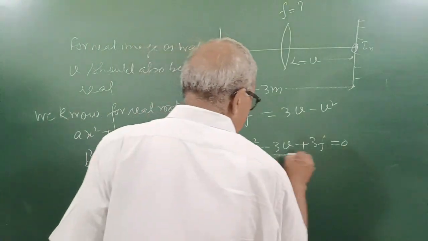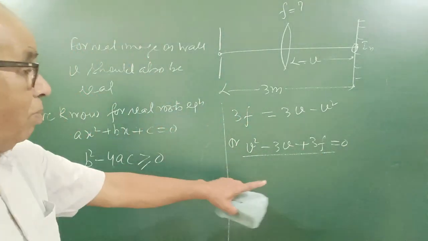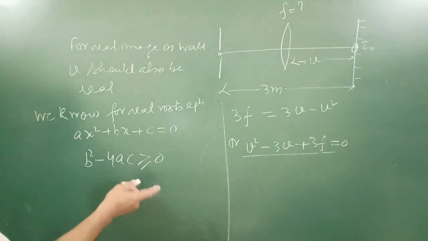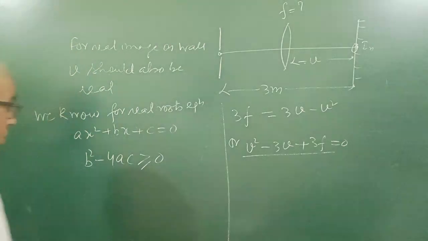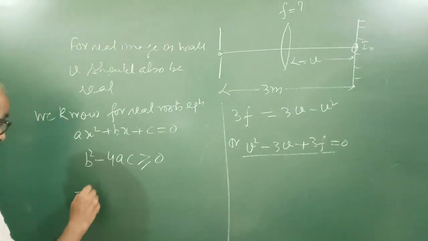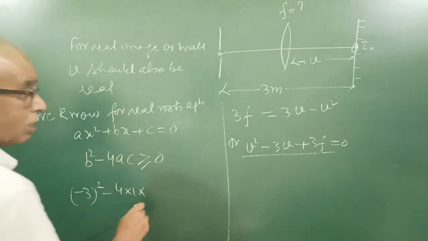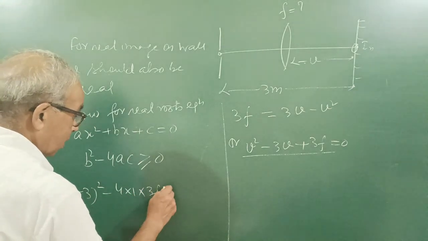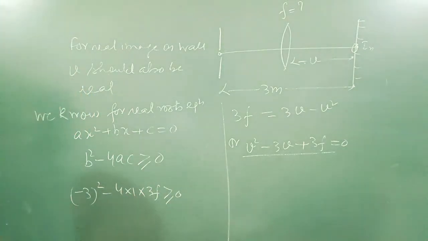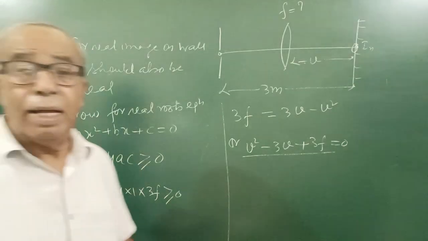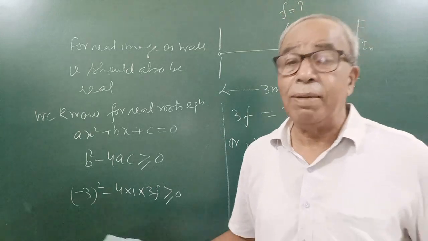Now in this equation, what is it? A is 1, B is minus 3, C is 3F. So using this fact here, B square, minus 3 whole square, minus 4 into 1 into 3F, is greater than or equal to 0. This solution is given by me in the book.